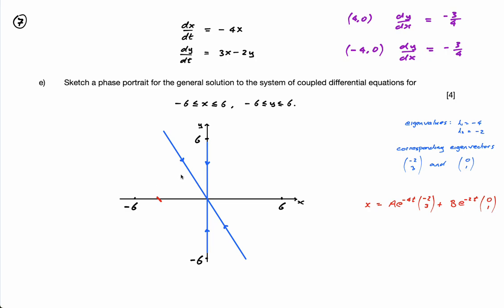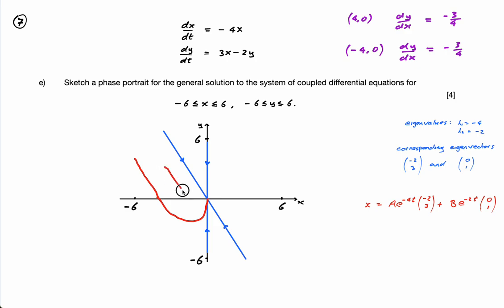And that makes sense because this eigenvalue, -4, is the bigger of the two eigenvalues, which means the solutions move along this eigenvector. So they come along here, down through there, and as they reach this second eigenvector, they go in to 0, 0, like so. I could draw another one over here. It comes along here like this.